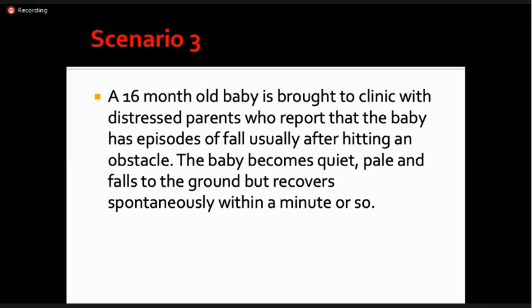Yes, excellent. So these are typical reflex anoxic seizures. And usually they are relatively benign. Okay. So what are the things that can be used to treat this child? What may be helpful in this setting? Anybody?